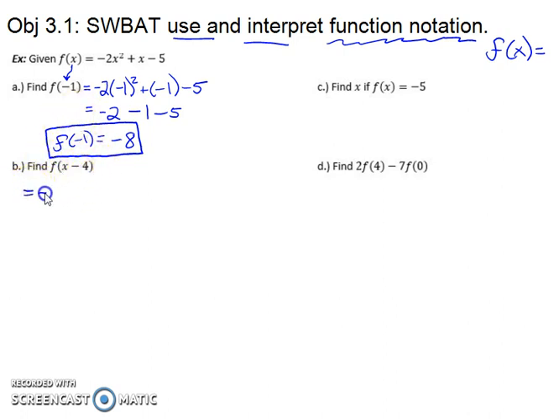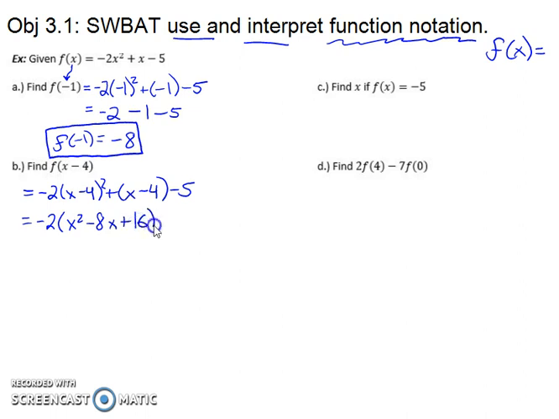So I'm going to write equals negative 2 parentheses x minus 4 squared plus parentheses x minus 4 and then minus 5. Now we've got some simplifying to do here. So when you square out x minus 4 squared, you get negative 2 times x squared minus 8x plus 16.